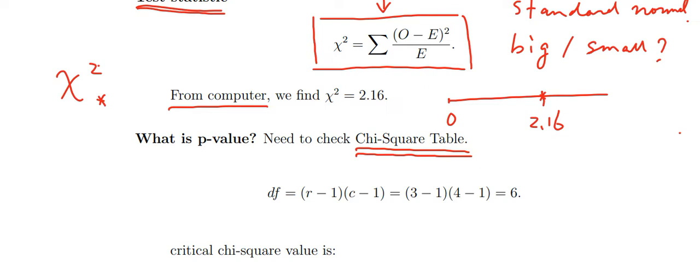This chi-square table, just like a T table or F table, has degrees of freedom. For a two-way table, the formula is R minus 1 times C minus 1. What does R mean? R means the number of rows.